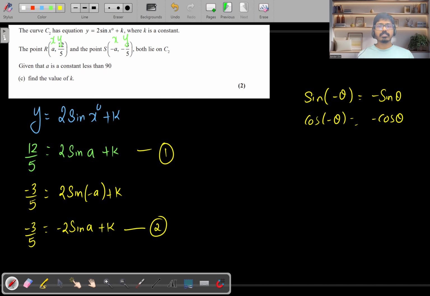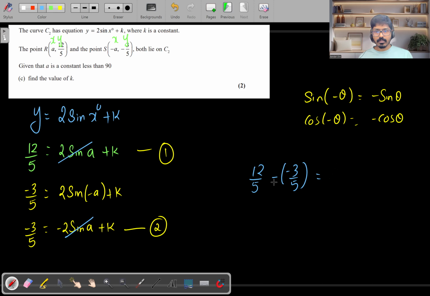So now we are going to solve equations 1 and 2 as simultaneous equations. When we are solving, this would be cancelled, and then we can write the k value by adding 12/5 and minus of -3/5 when we subtract them.